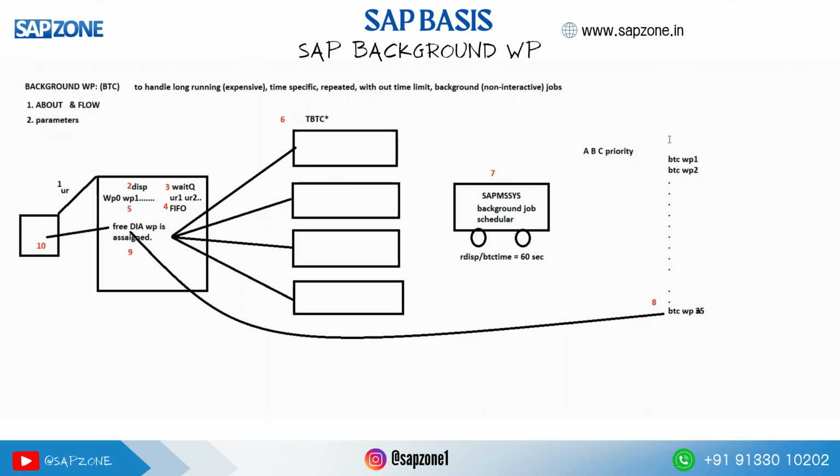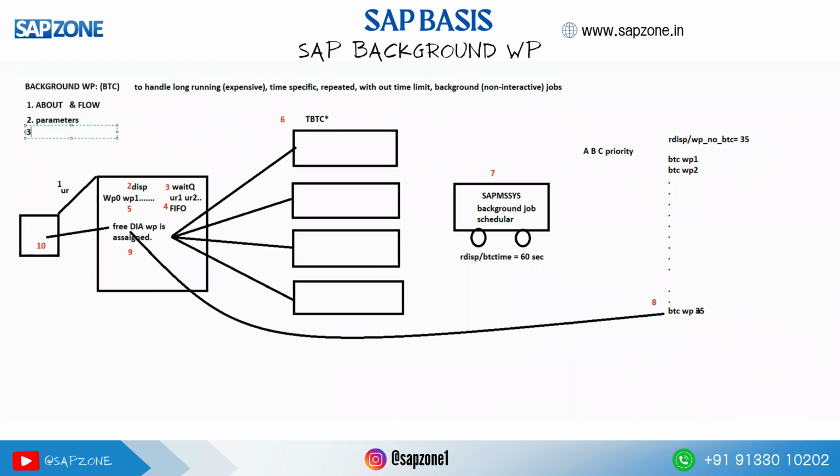The parameters are... anyone, can you tell me the parameter? BTC. Simple. 35 means you have 35 hours. And one more parameter is here, which will decide your scheduler frequency. Two parameters are there.